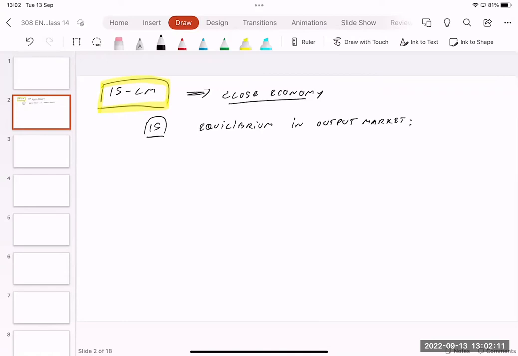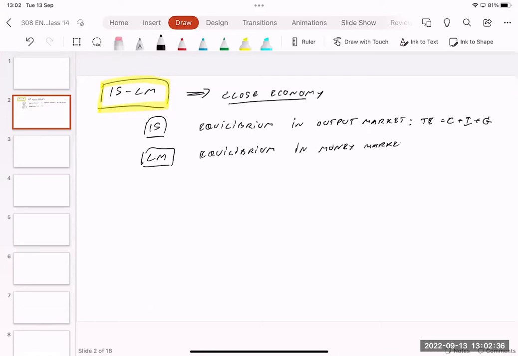So that's why we have the equation TE, total expenditure, equal to C plus I plus G. On the other hand, we have the LM curve. The LM curve represents equilibrium in the money market.